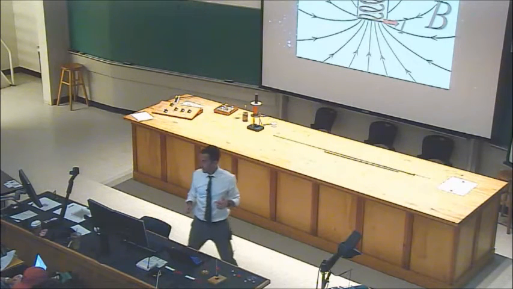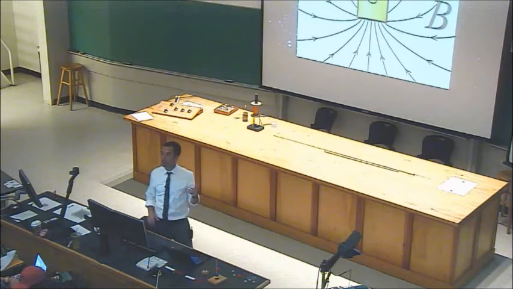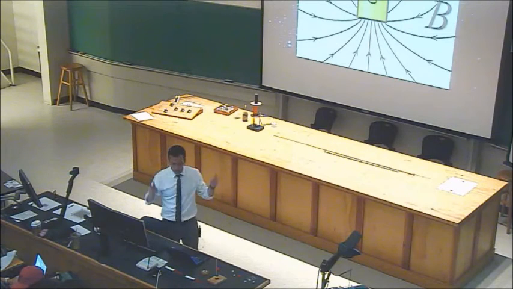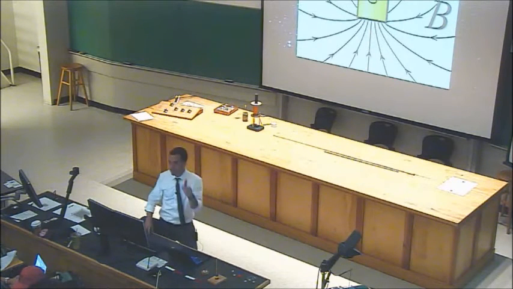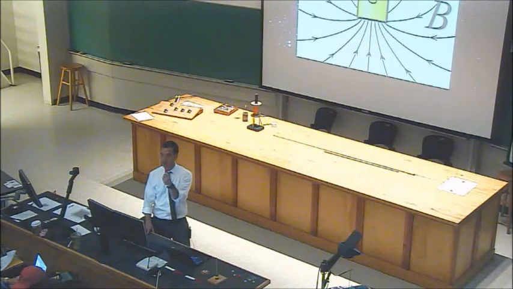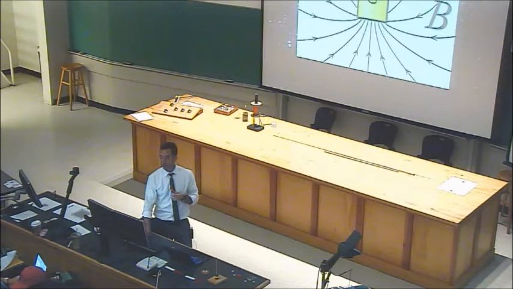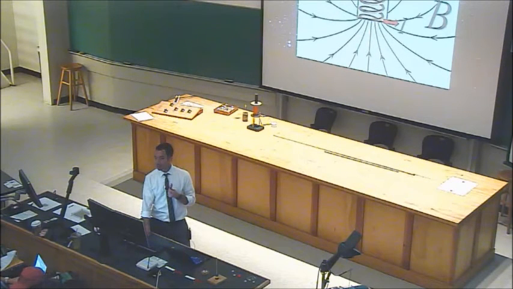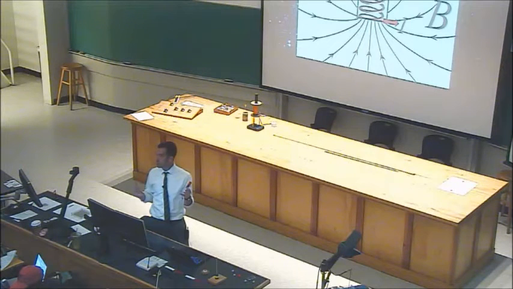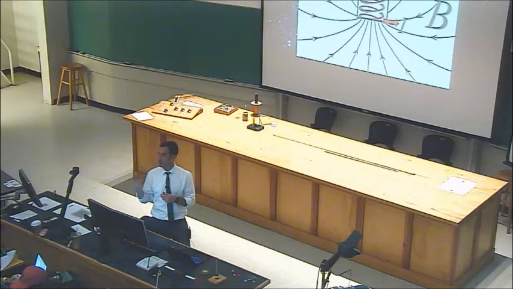Notice, here's my permanent magnet. There's a picture of a permanent magnet, which is just a bazillion electrons all organized to create a net magnetic field. Here's the magnetic field due to a solenoid or an electromagnet, which is just a word for coil of wire. So a solenoid, electromagnet, coil of wire, it's all the same thing.